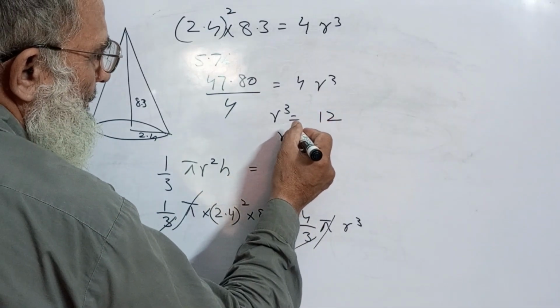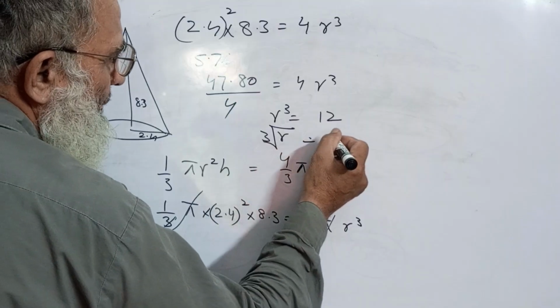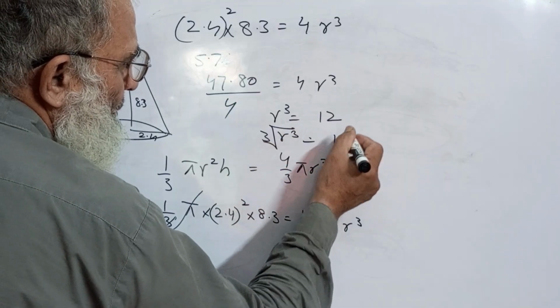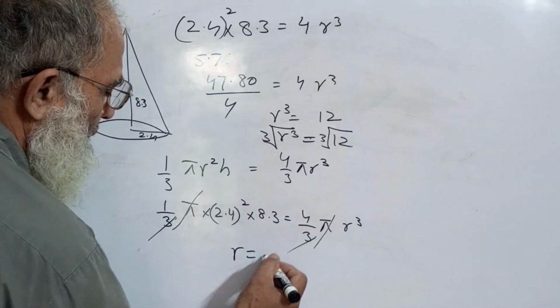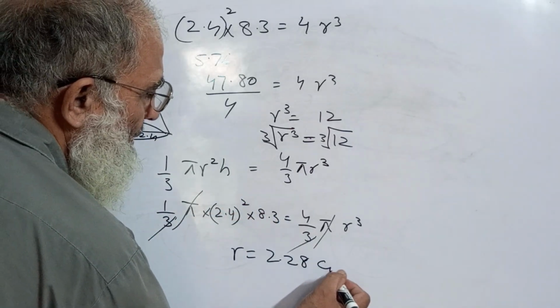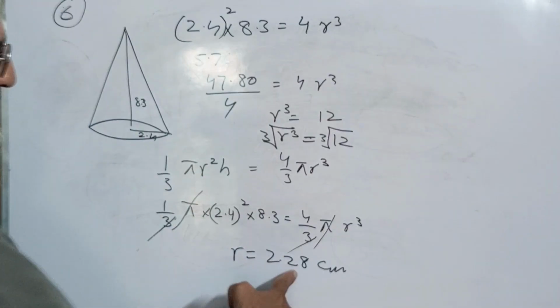So to find r, apply the cube root on both sides. The cube root of 12 is equal to 2.28, so r is equal to 2.28 centimeters.